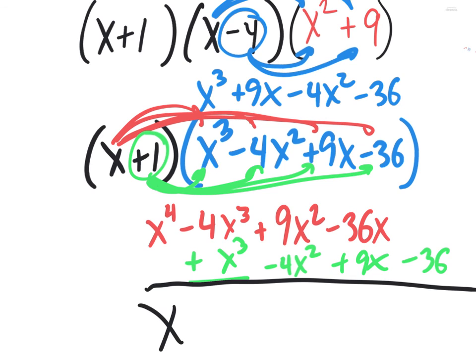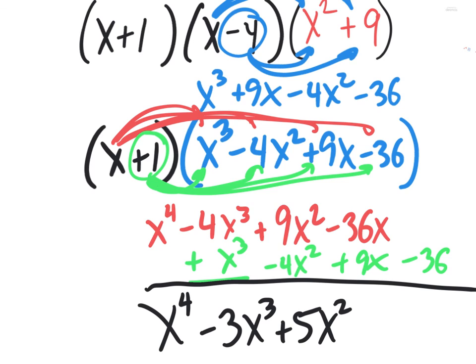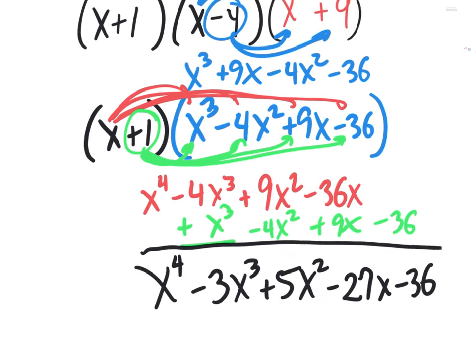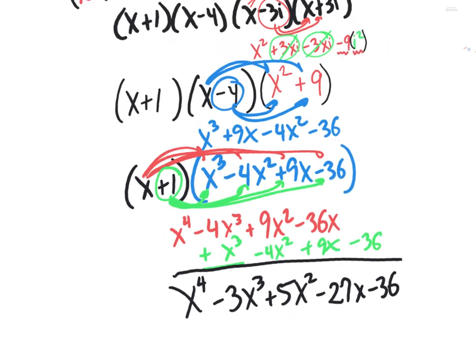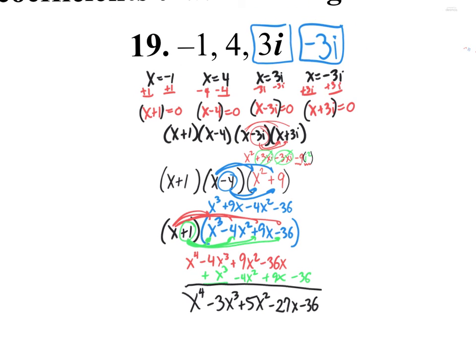So your final answer is x to the fourth minus 3x to the third plus 5x squared minus, what is that, 27x minus 36. Believe it or not, ladies and gentlemen, if you type this 4th degree polynomial function into Desmos, it will give you two x-intercepts: x equals negative 1 and x equals 4. And of course, the other two will be imaginary.